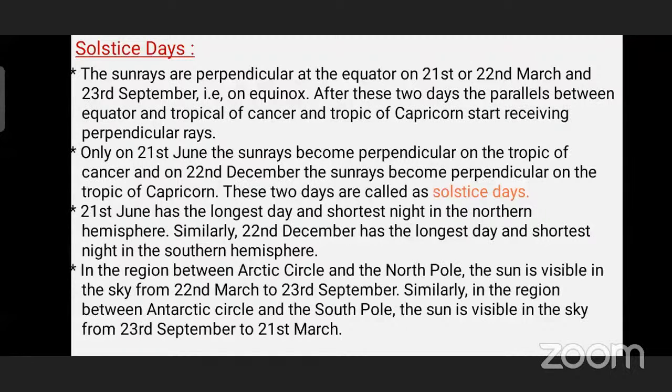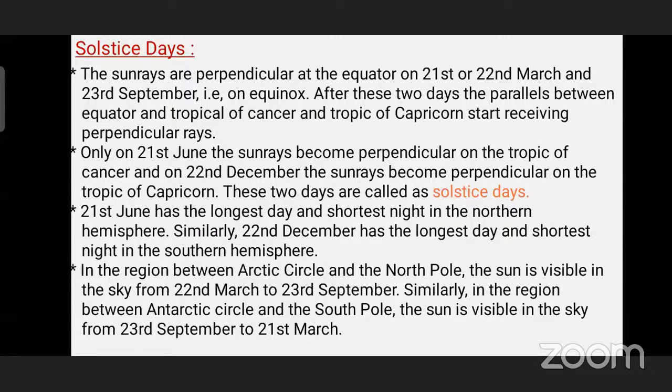Similarly, on 22nd December, it has the longest day and shortest night in the southern hemisphere. Why? Because the south end of the Earth's axis is facing towards the sun. So it is having the longest day and shortest night. And what happens in the Arctic Circle, in the region above the Arctic Circle?